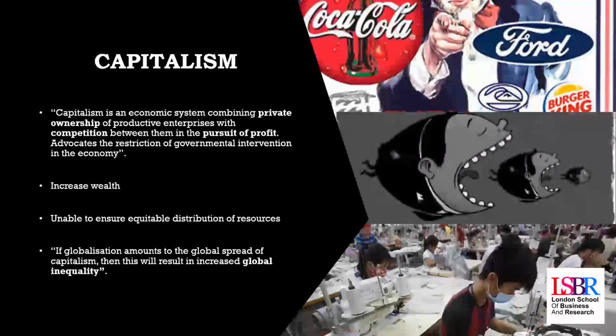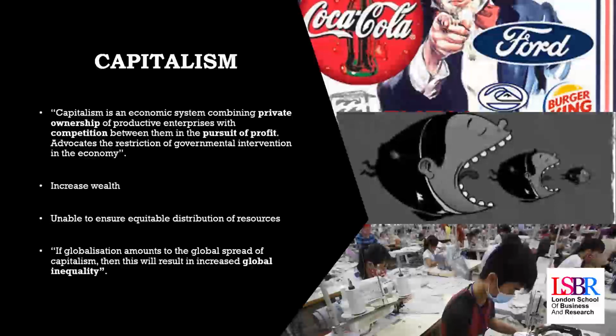They're all run by private owners, whether that be shareholders, whether that be small businesses owned by 1 or 2 directors. So, capitalism is all about how private ownership encourages competition and how that competition is what pushes organizations to want to make more profit.